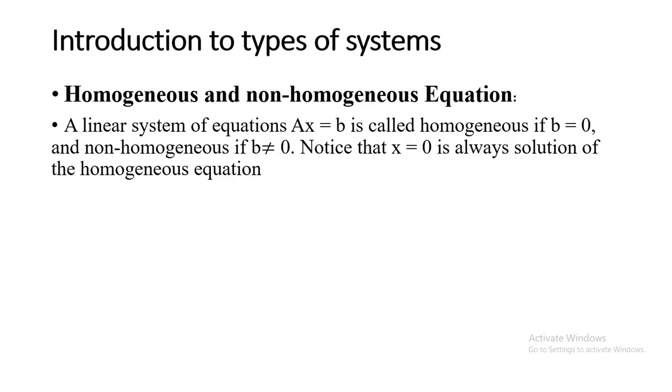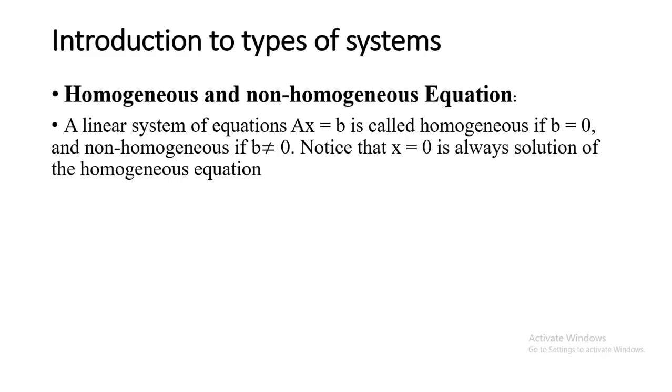Let's take an example, say 2x equals 0. If I ask you the value of x, it will be 0. So this is my homogeneous system.